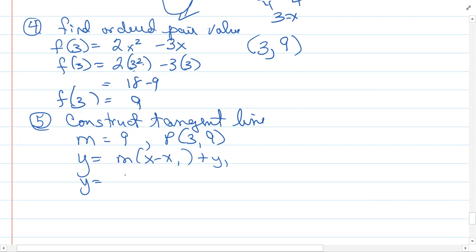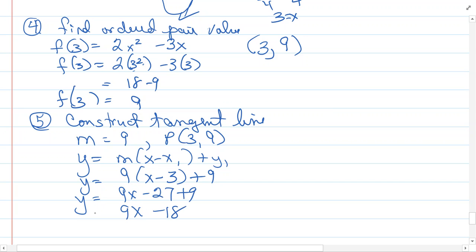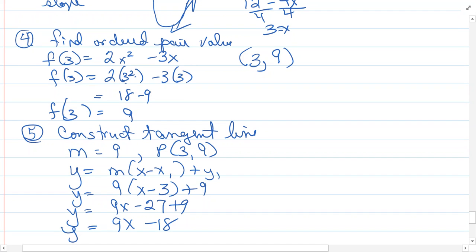And we'll have the answer as 9 parentheses x minus 3 plus the 9. We sure have that 18 showing up everywhere, don't we? 18 on the slope for the tangent at 3, and here we have the previous problem, and now we have 18 as a minus on a problem that is a quadratic. So we want to check that because we always want to check it.